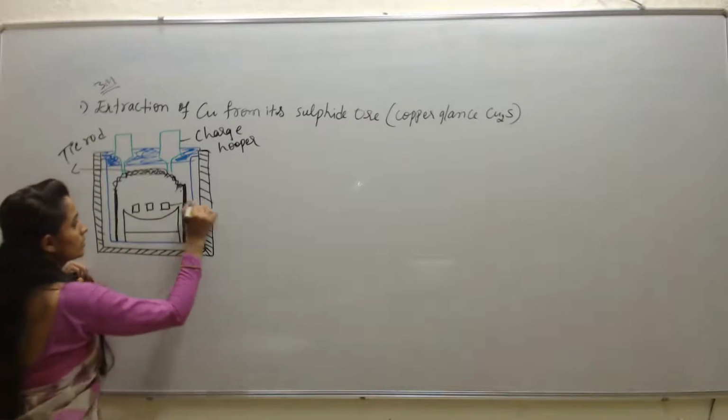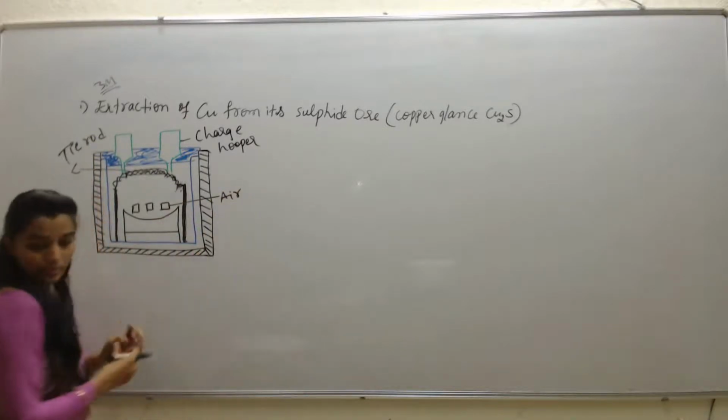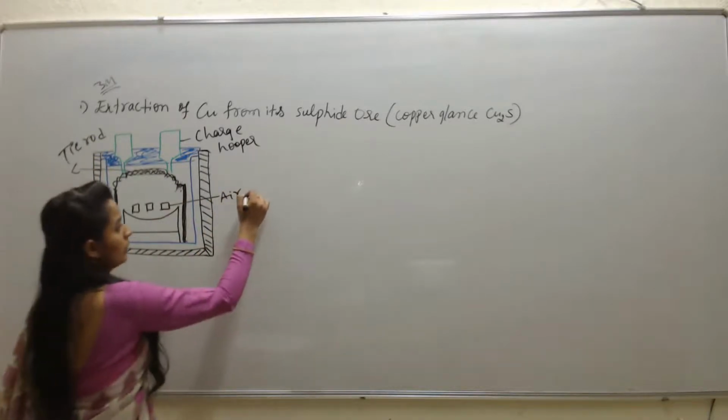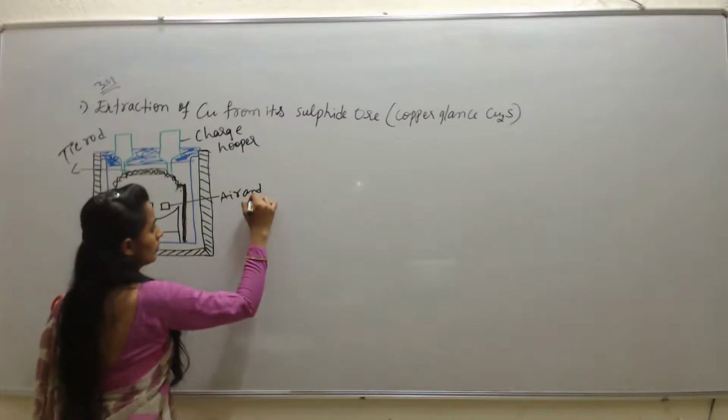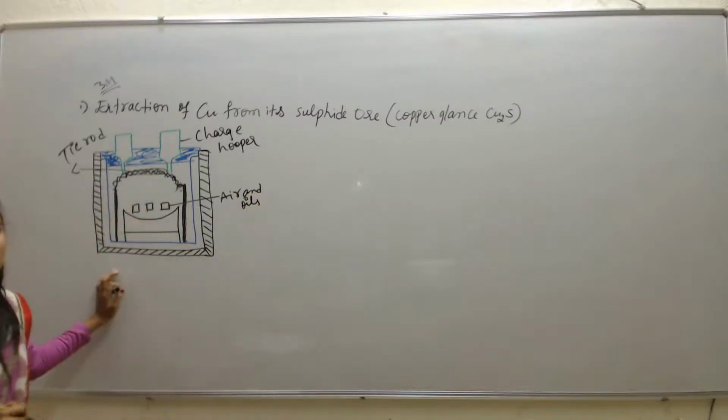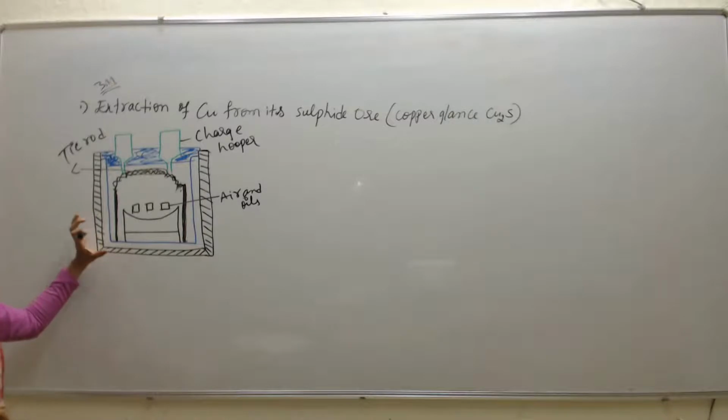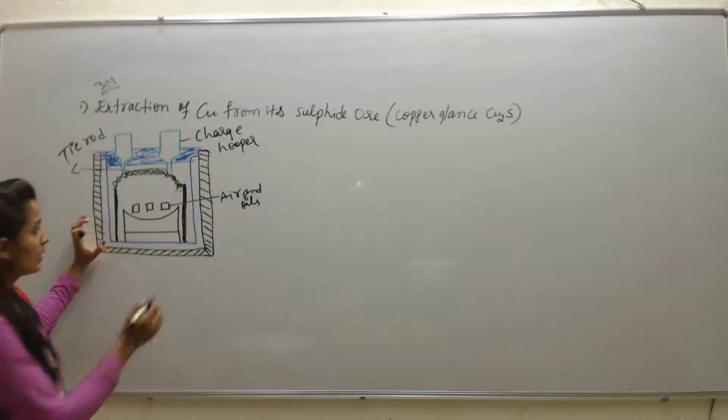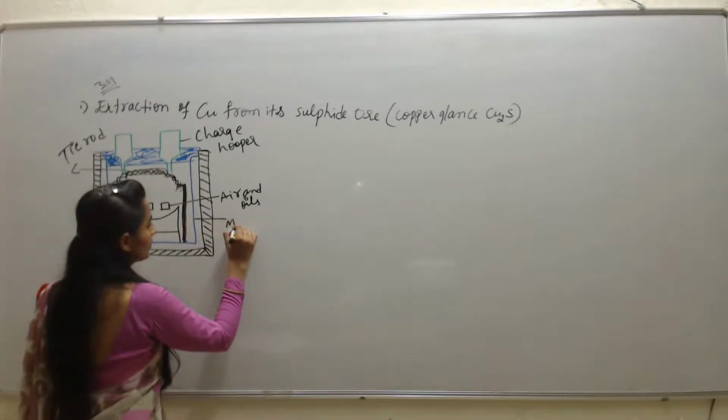Next, this one is air and oil hose. We want air because this is a sulfide ore. It requires sufficient supply of air to undergo roasting to convert sulfide ore into oxide ore. Okay, so next one is this is magnesite lining.